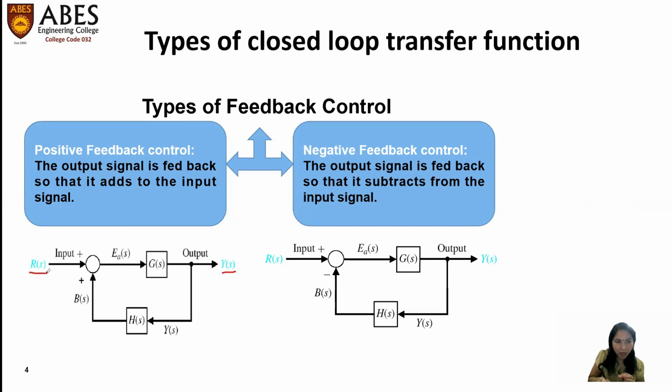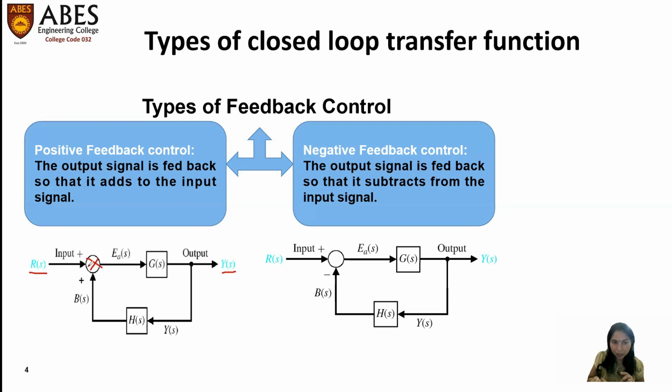Input is R(S). Now, this one is the summation point. This circle is also called an error detector. So at this summation point, two signals are coming.